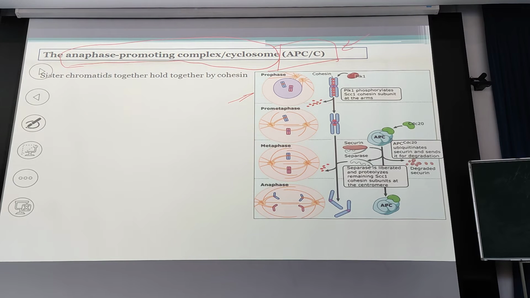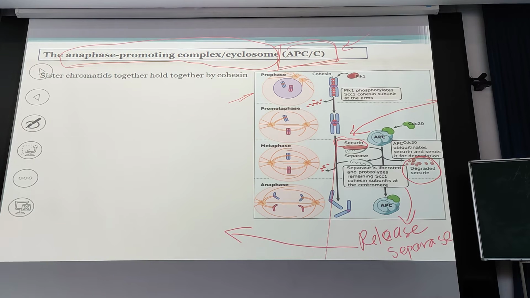Separase is the enzyme that can cleave the cohesins, but in the normal state it is stuck with securin. APC/C can degrade securin, so separase is released, and it can proteolyse the cohesin and release the two chromosomes.